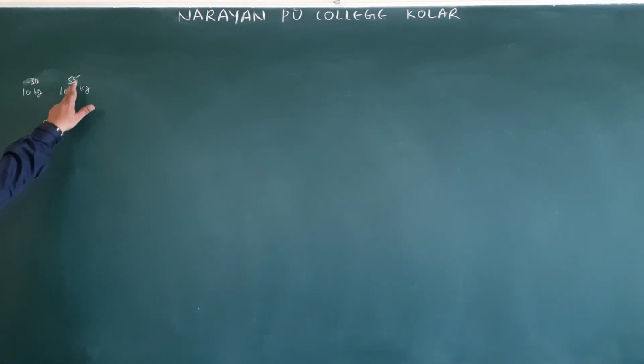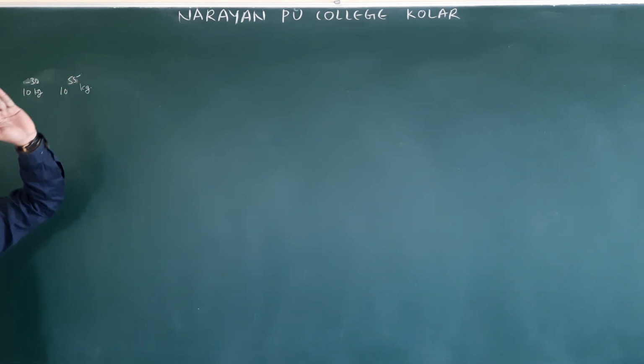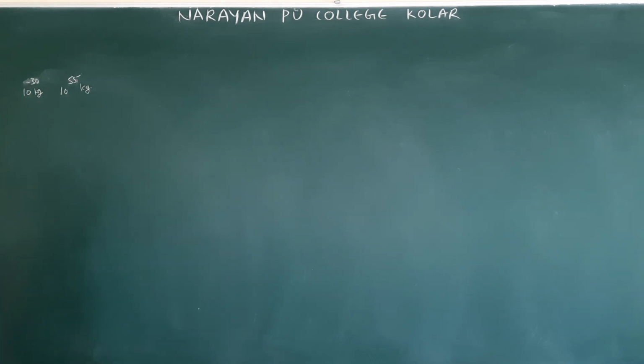Universe mass is almost this much, 10 power 55 kg. Minimum masses, subatomic particles, are like this, 10 power minus 30 onwards. This is the range of masses. Distance means 10 power minus 14 to 10 power 26 meters. Mass means 10 power minus 30 to 10 power 55.